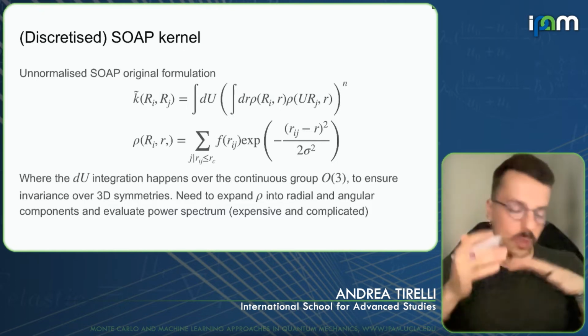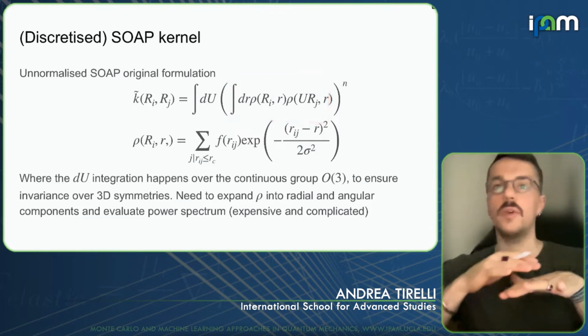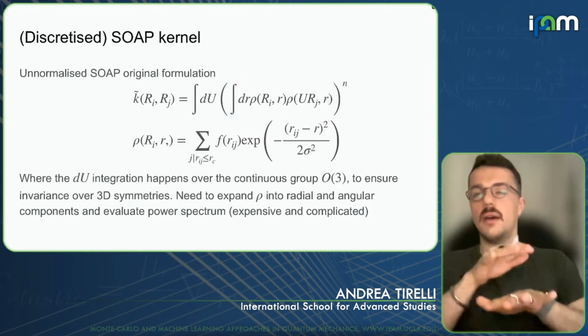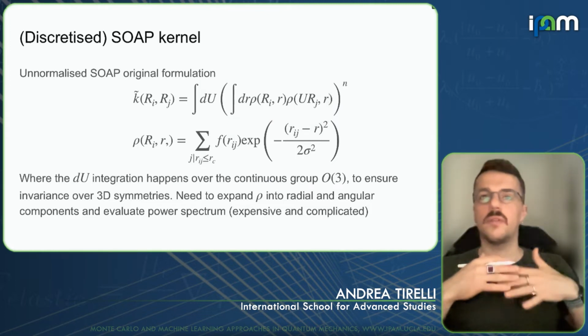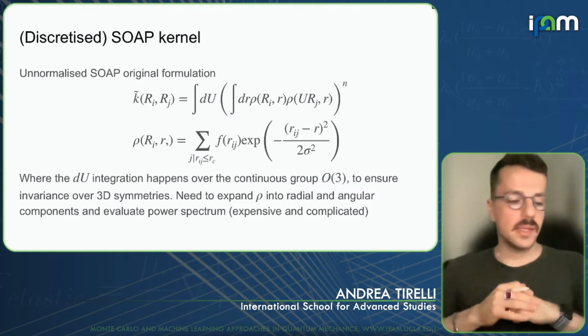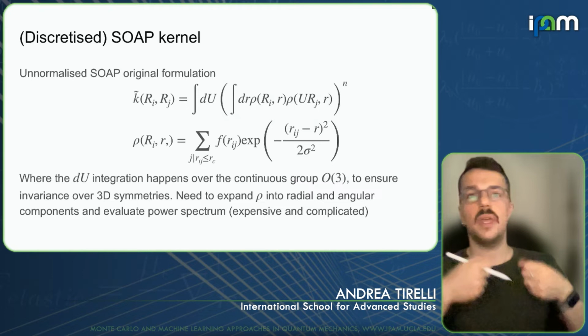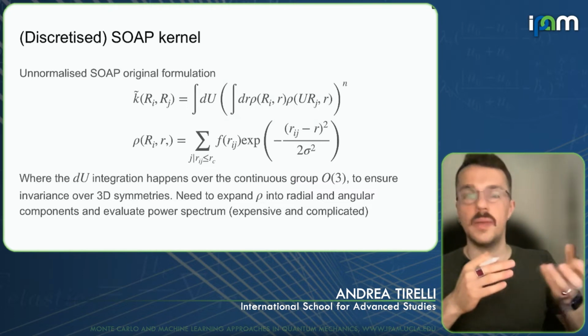And then one might say, okay, let's just consider this integral, and somehow this integral is maximum when the two densities are the same, and so in a way it does already assess some kind of similarity between local environments. The idea is that we also want to enforce invariance of this similarity kernel with respect to symmetries.